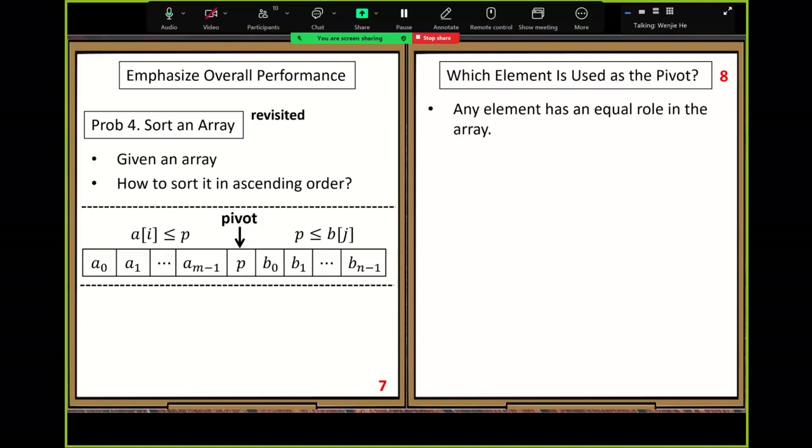You have no idea about that kind of detailed information in the given array. Nobody knows, right? So you cannot assume any information about the values of your given elements.